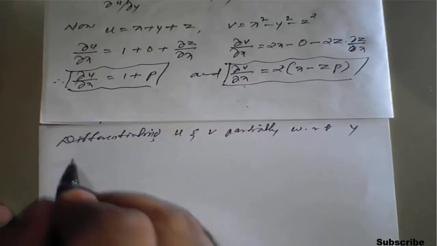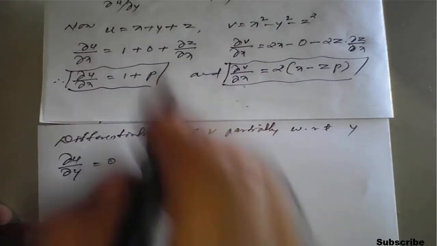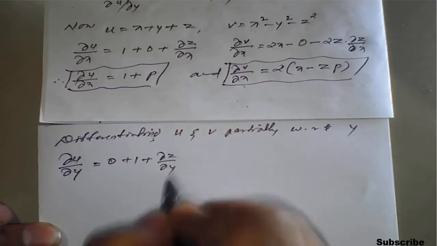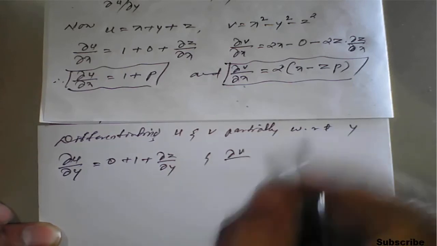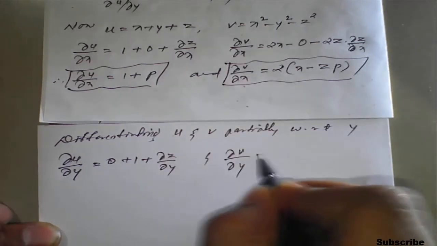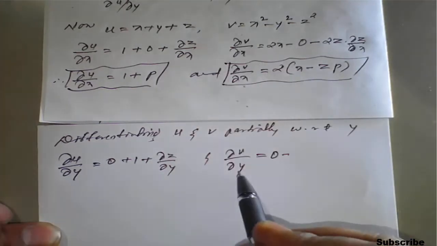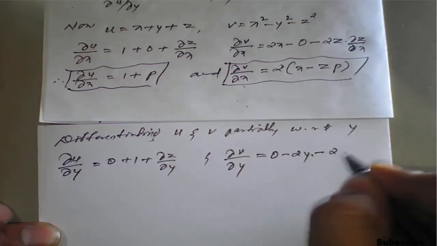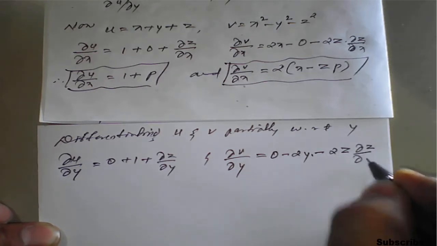So therefore dou u by dou y is equal to, x with respect to y is 0, y is 1, and z is dou z by dou y, and next one dou v by dou y is equal to, x square will be 0, minus y square with respect to y is 2y, minus z square will be 2z into dou z upon dou y.